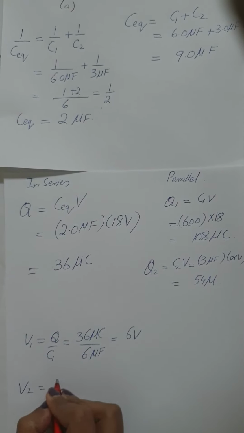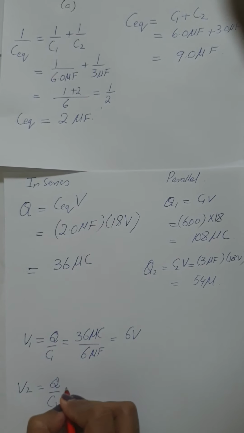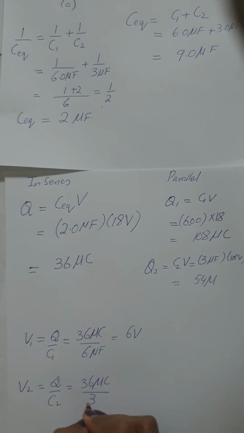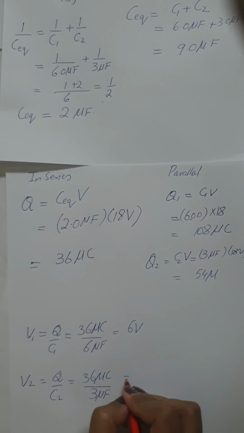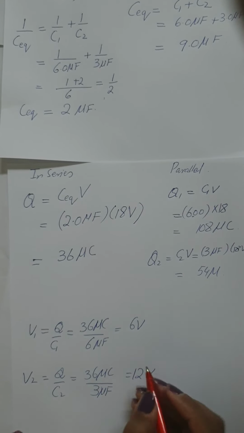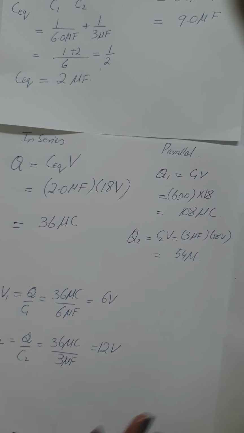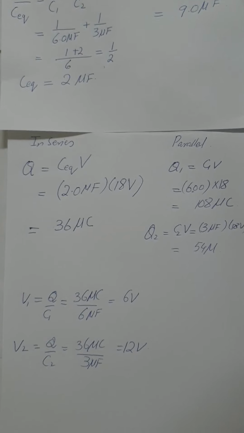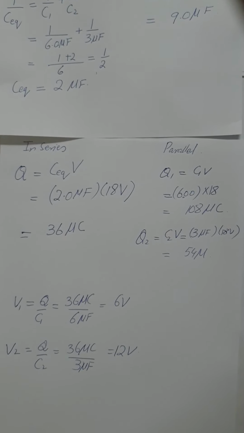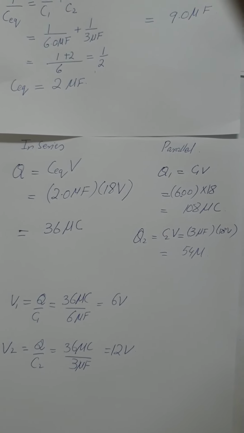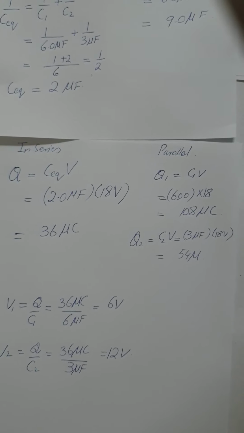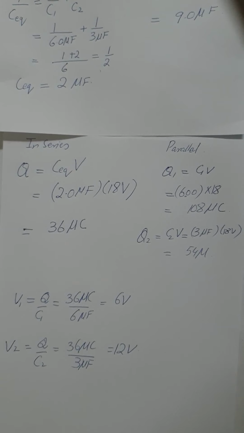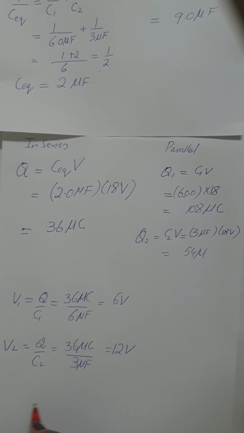V2 becomes Q over C2, 36 microcoulomb over 3 microfarad becomes 12 volts. And for parallel combination, we know the potential difference is the same across the equivalent capacitor, and it will be 18 volts.